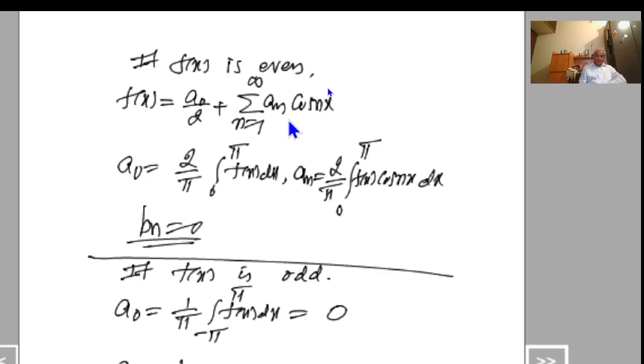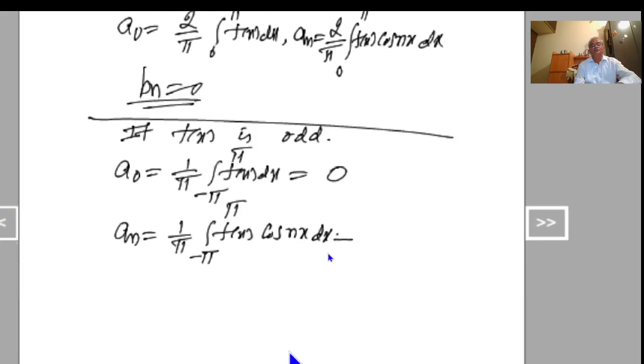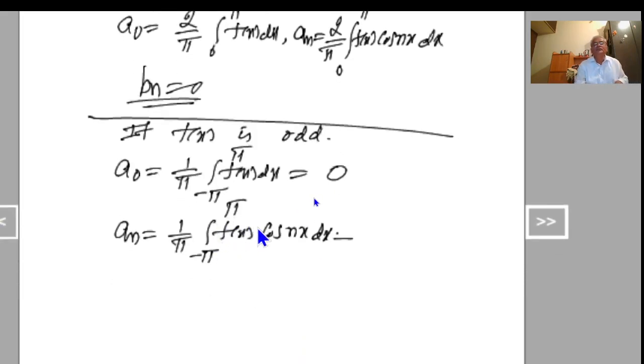An is equal to 1 by pi times the integral from minus pi to plus pi of f of x into cos of nx dx. See here, f of x is odd and cos is even. Odd into even is an odd function. If this is an odd function, then this value equals 0. So therefore this an value is equal to 0.